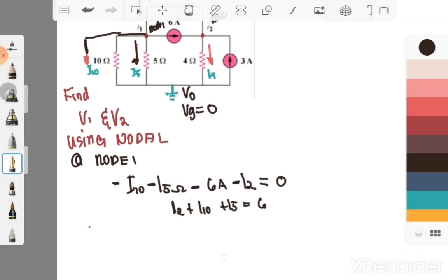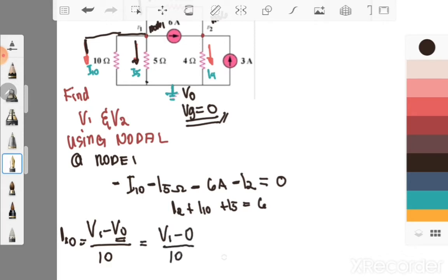So, V1 minus V0 all over 10 ohms. Okay, that is your I10. But what is your V0? Your V0 is equal to your VG, which is equal to 0, right? So, therefore, my I10 is equal to V1 minus 0 all over 10. So, it is equal to V1 over 10.